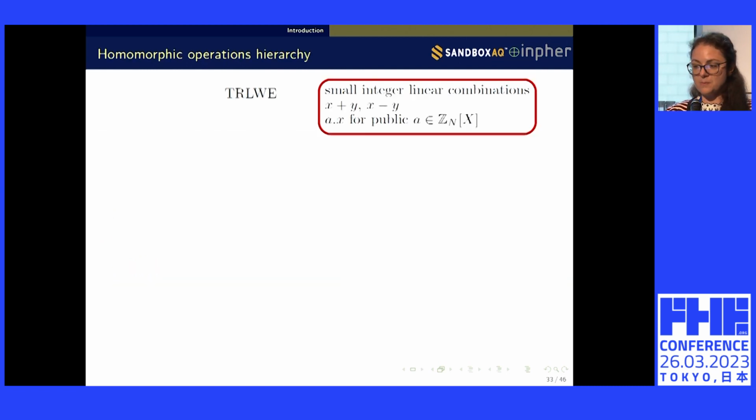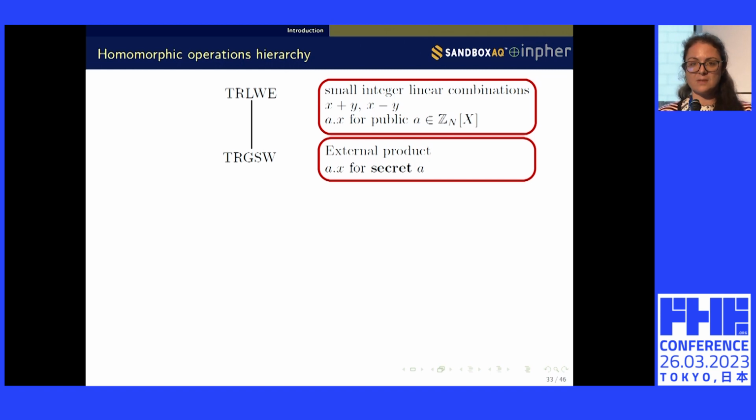Now we will sum up a little bit the homomorphic operations hierarchy using these kinds of ciphertext. Starting with the ring learning with errors, we can perform any small integer linear combination. And here we see that for any A in Z and X, public of course.